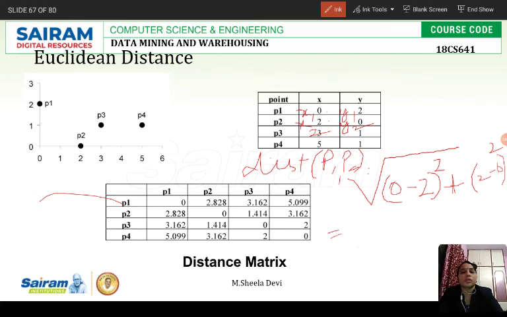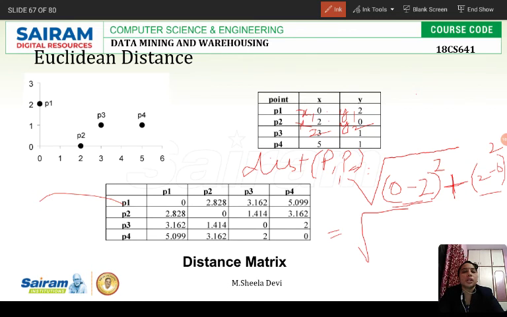How many attributes do I have? Only 2 attributes. So k equal to 1 to n, right? First attribute, this is second attribute, so 2 times I have done the summation. If I have 3 attributes with z, then I have to take the z1 and z2 values plus z1 minus z2 whole square. Based on the number of dimensions, it may increase.